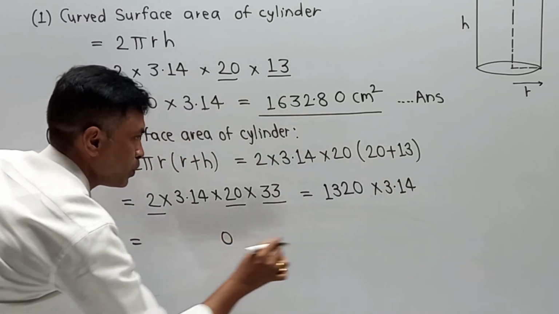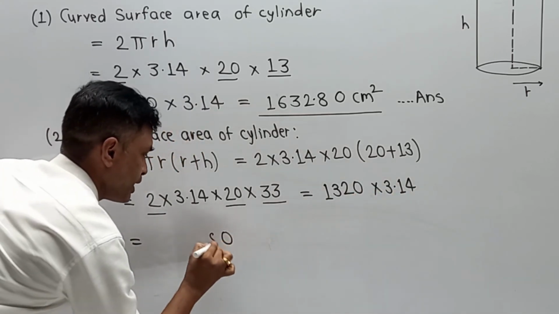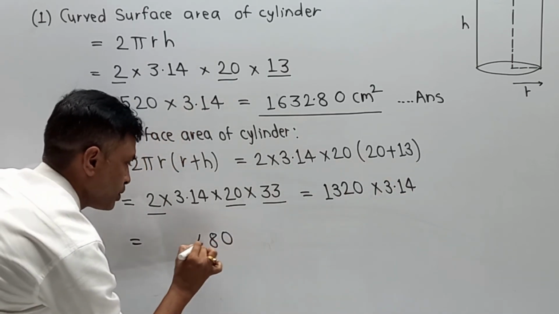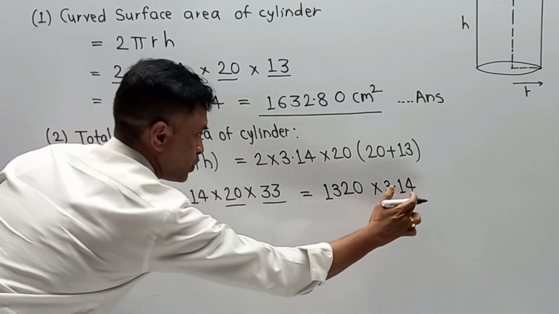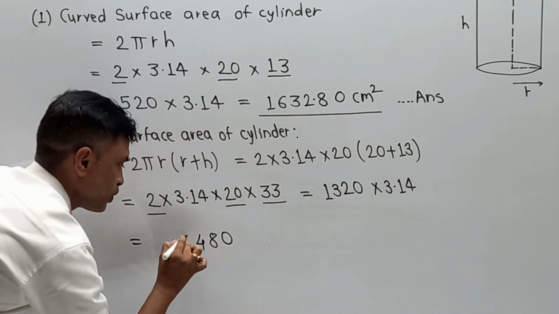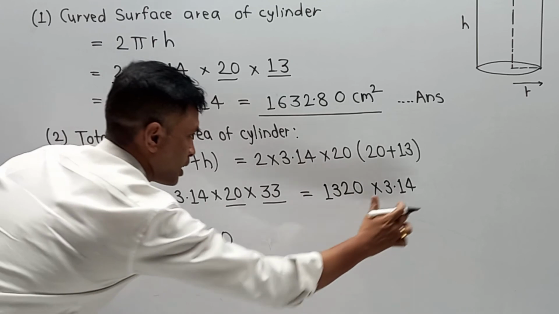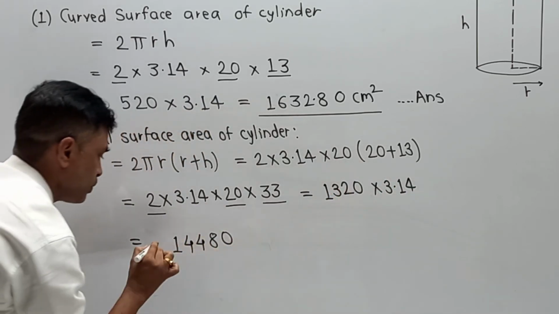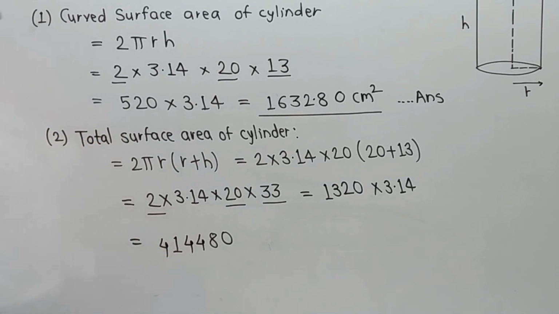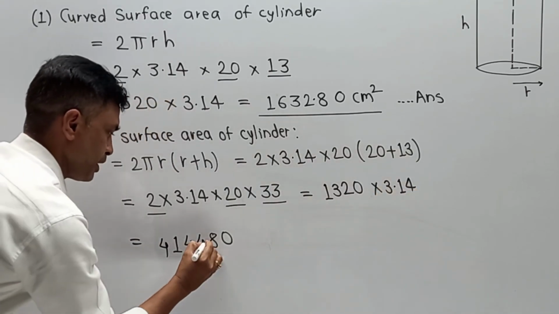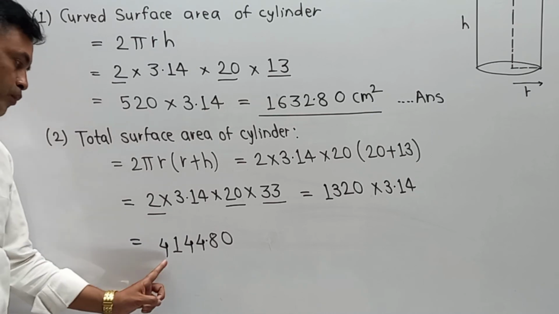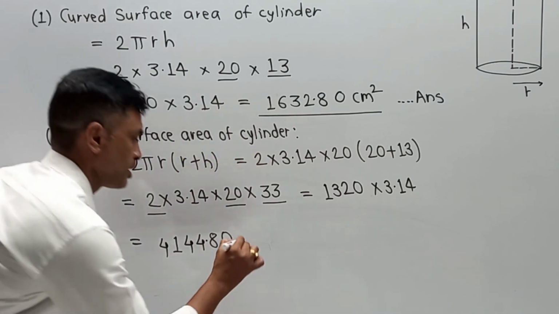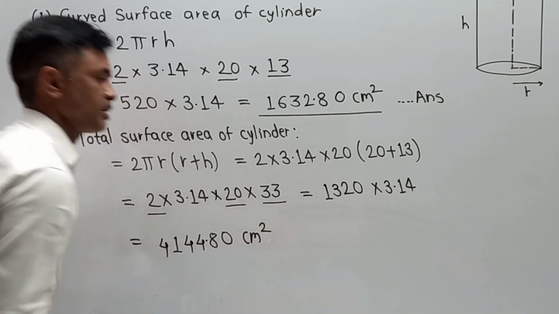So its calculative part is: 0, 4 into 2, 8. Next, 24, 4, 12 plus 2, 14, 20 plus 1, 21, and finally 4. So due to two decimals, it becomes 4144.80, and as it is the total surface area of a cylinder, it becomes square centimeter.